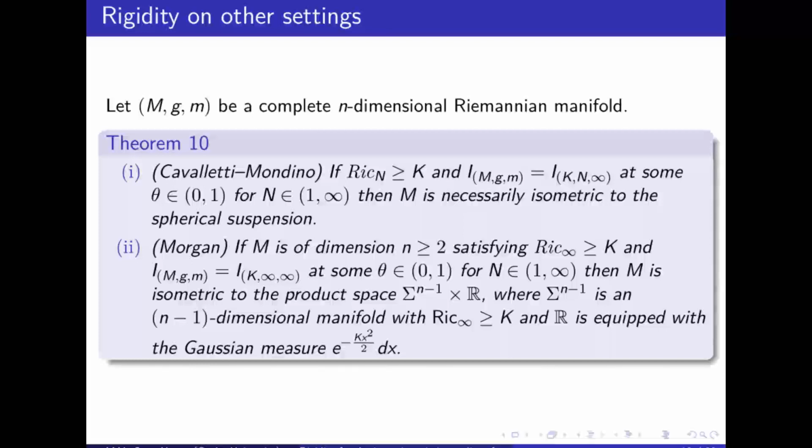And for infinite n, Frank Morgan used geometric measure theory techniques to obtain that the equality case in the isoperimetric inequality holds if and only if the manifold is isometric to the product space of the Gaussian space. And here the submanifold sigma also satisfies another Ricci curvature bound.